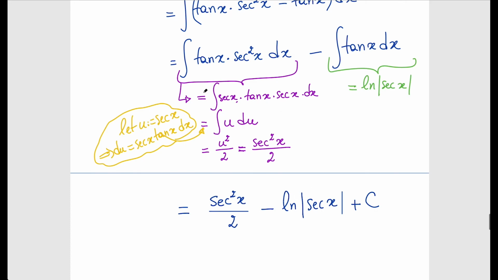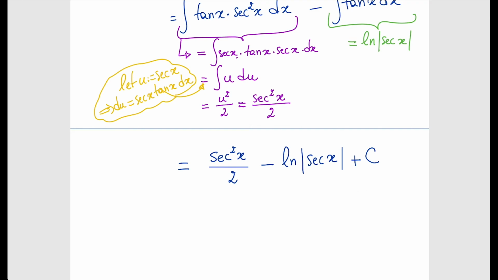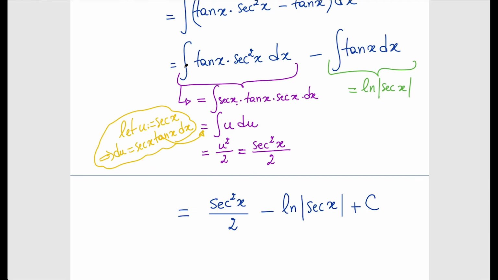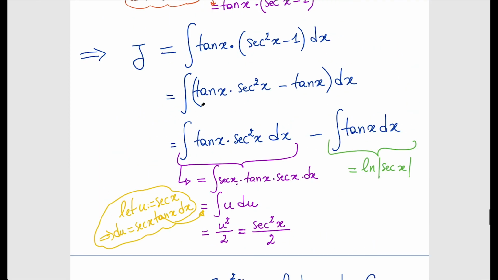Now, I told you that we can do this guy also in a different way, right? So let's do it. Let's use this color. How about we give it a name? So actually, let's call this the first way.